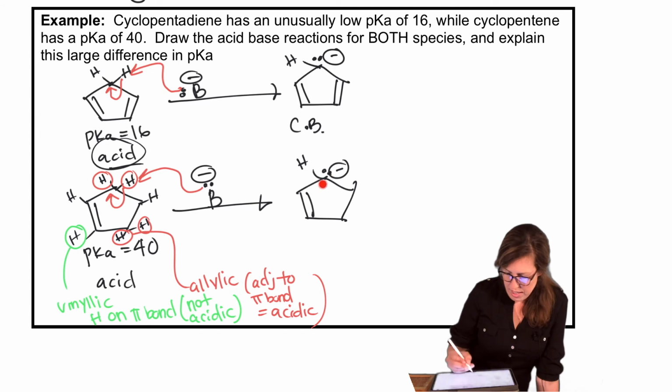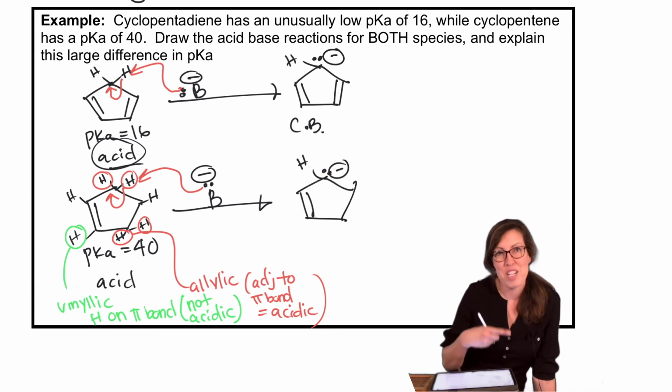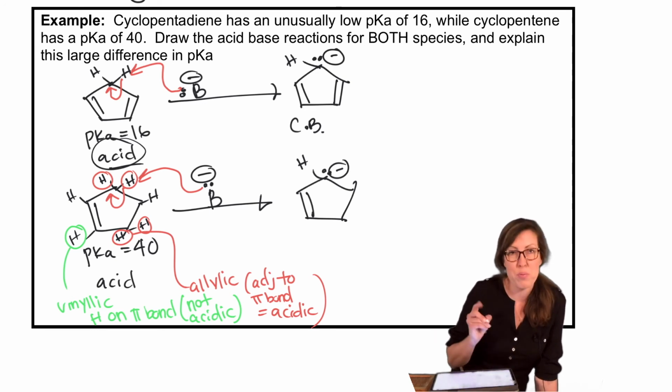Huge difference in pKa. You might say, oh, there's more resonance, but it's actually a very big difference. What's going on there? So remember this chapter's name? Aromaticity. So let's label the aromatic properties. Whenever you have a ring and conjugation, watch out for that, okay?